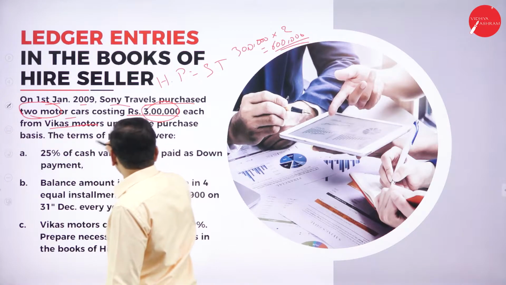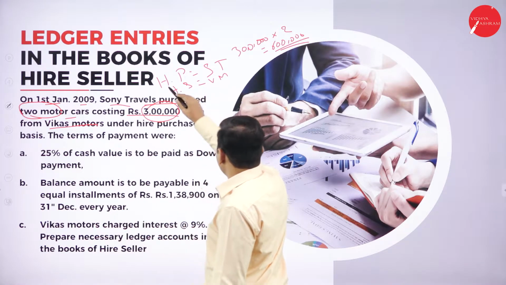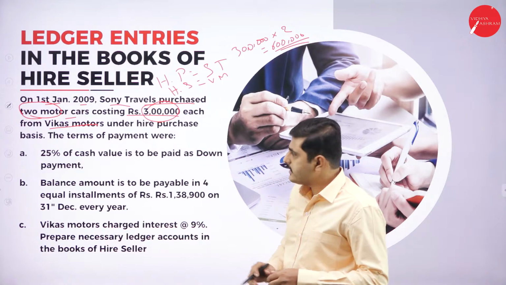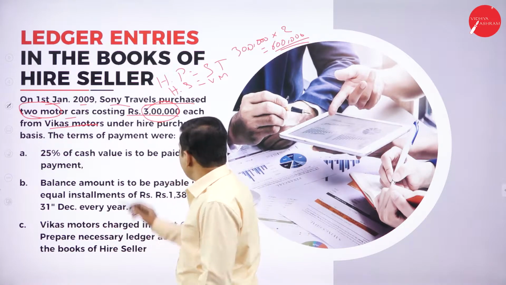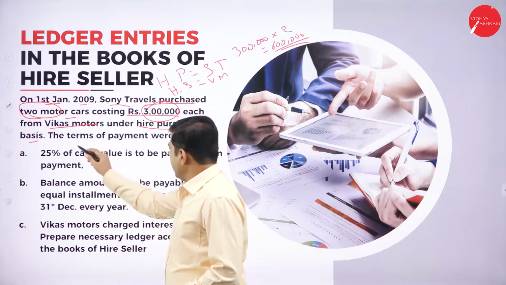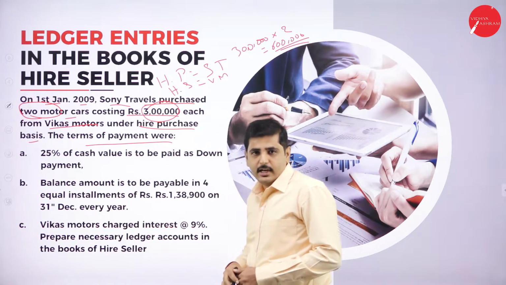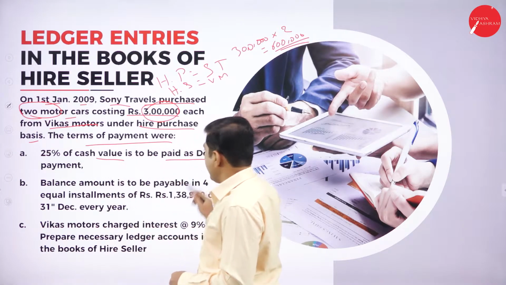From Vikas Motors. The hire seller is Vikas Motors, and the hire purchaser is Sony Travels. Under the hire purchase system, the terms were, so there are some conditions. Let's look at the conditions one by one. 25% of the value is to be paid as down payment.